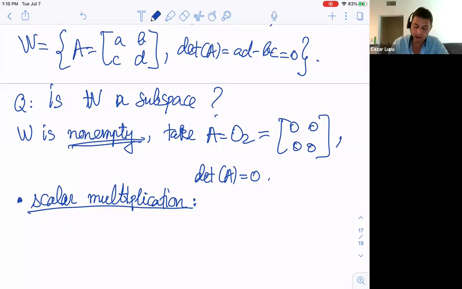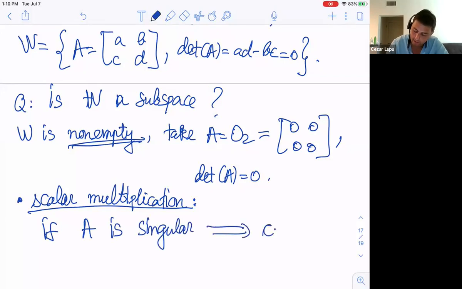So let's see. If we have C times A, right? If A is singular, does this imply that C times A is singular? That is the question.